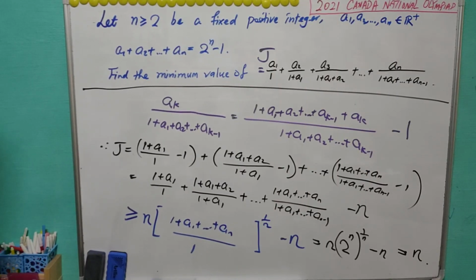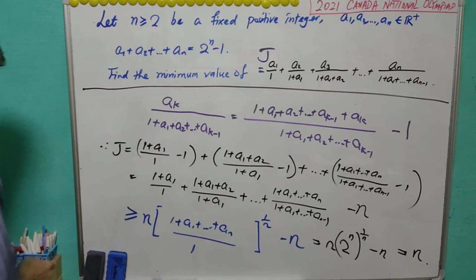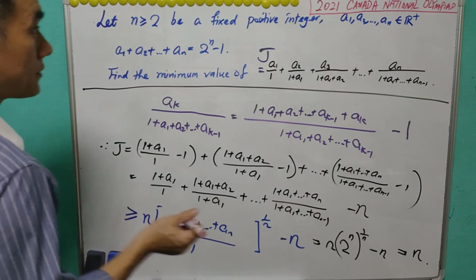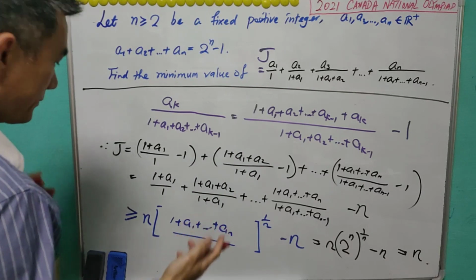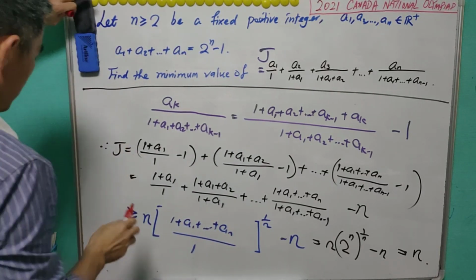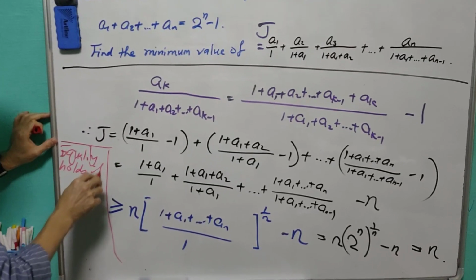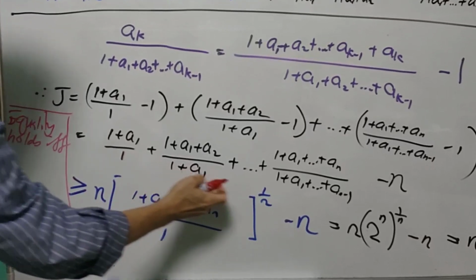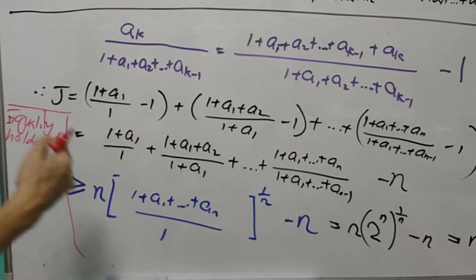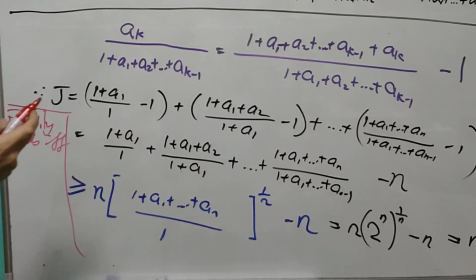The equality holds if and only if each of the terms is the same. So let me write it here. Equality holds if and only if each of the terms is the same. And if each of the terms is the same, it must be equal to 2.